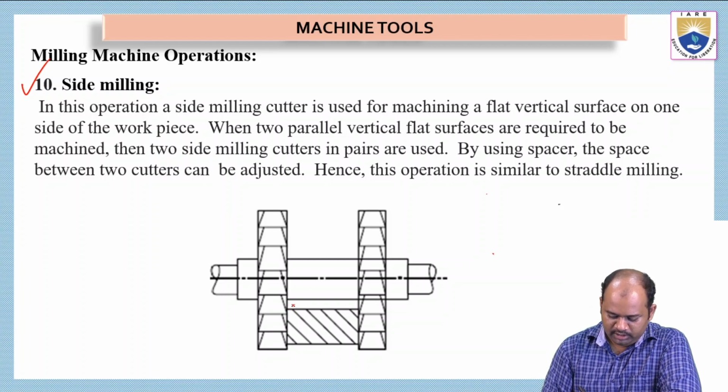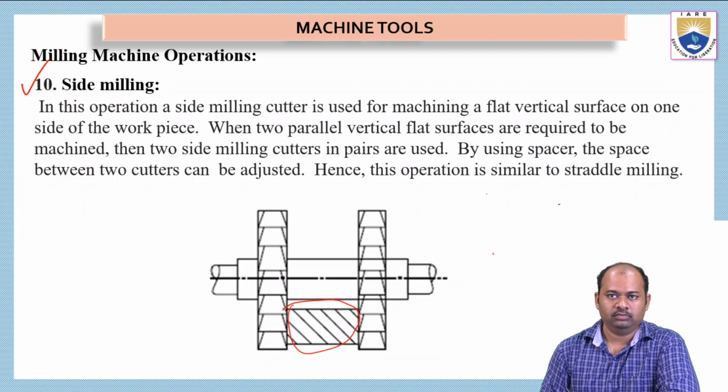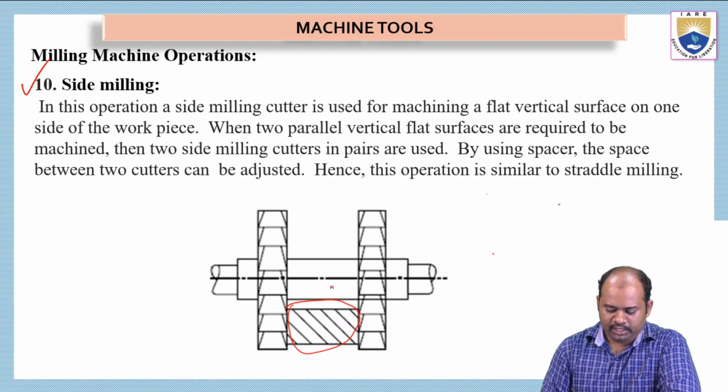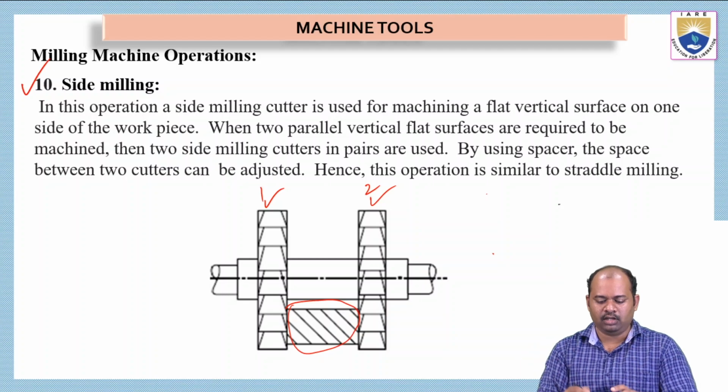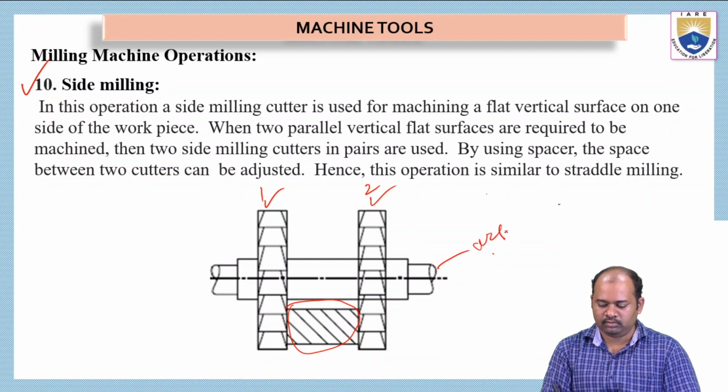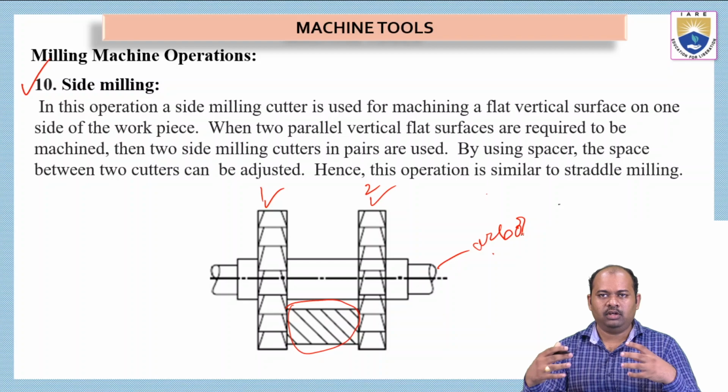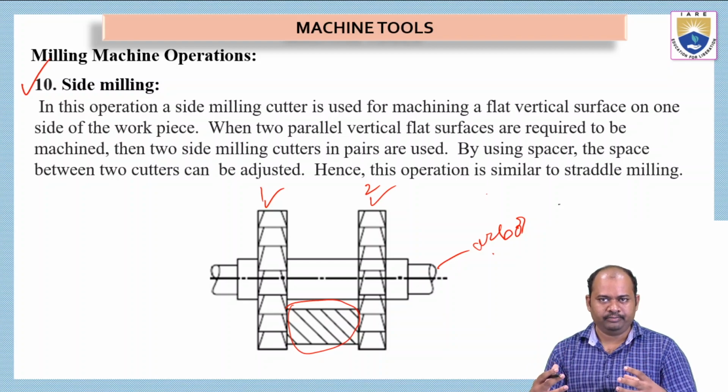the workpiece. If this is the workpiece, and we have two cutting tools, 1 and 2. This is 1 and this is 2. So these two tools will be rotating at the same time along with the arbor. This is the arbor. So along with the arbor, two cutting tools will be rotating.